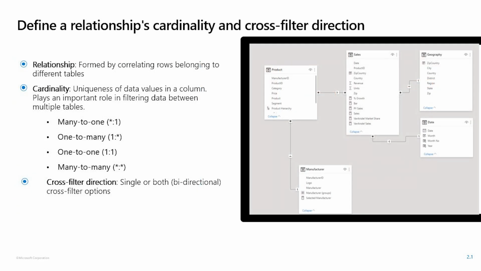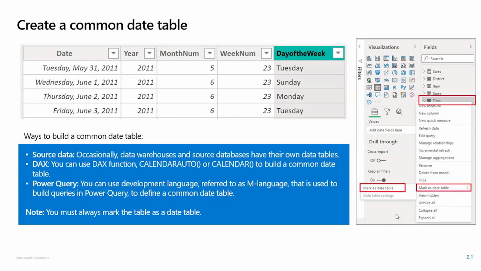You need to understand relationships, cardinality, and cross-filter direction options. Be aware of directionality and know that in general, you want to steer clear of many-to-many relationships. You can't escape date tables in analytics due to the need of filtering data by some form of time dimension.